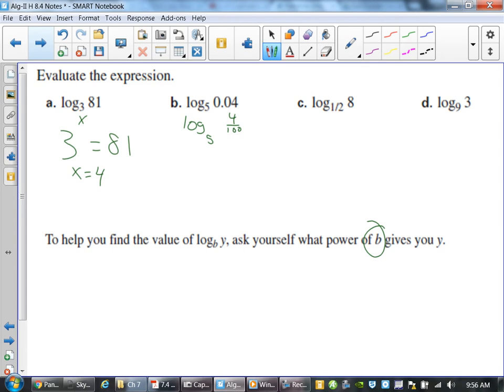Otherwise known as 1/25. So see how you're starting with an integer base, but your y value is a fraction. That meant your exponent has to be negative. That's how you make it unhappy. So 5 to what negative exponent creates a fraction of 1 over 25? Negative 2. Very good.